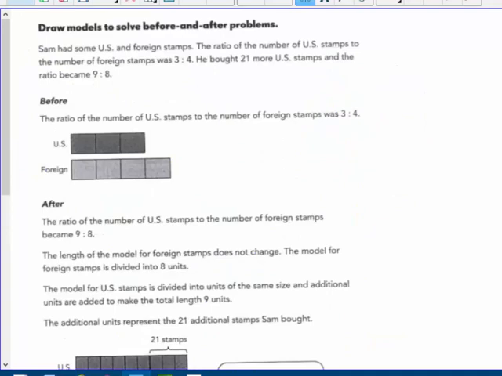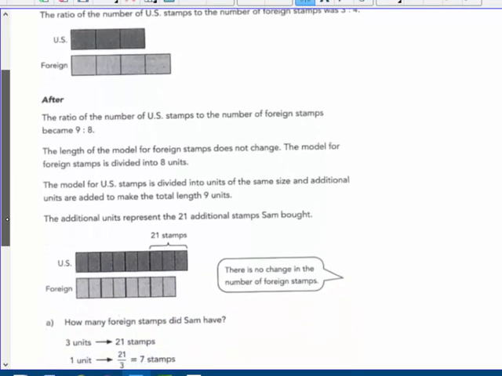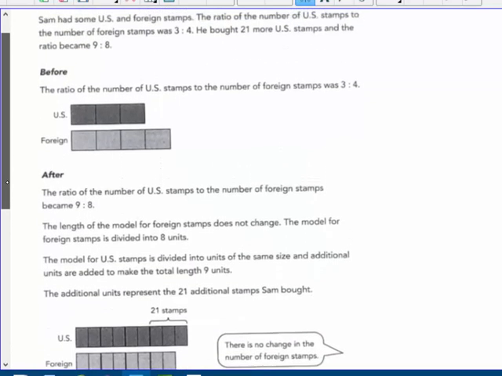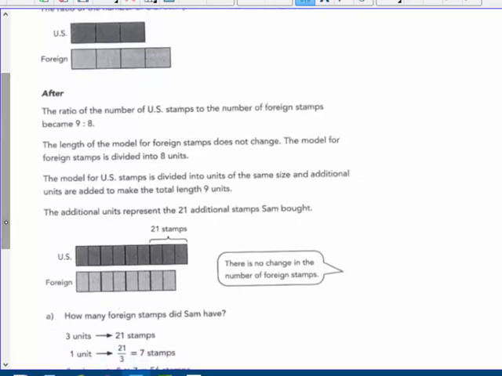Draw models to solve problems for before and after. We did this. Sam had some U.S. and foreign stamps. The ratio of the number of U.S. to foreign was 3 to 4. He bought 21 more stamps, and now the ratio became 9 to 8. So in order to do that, we bought 21 more U.S. stamps. You have to make sure you got that correct. And now the ratio is 9 to 8.